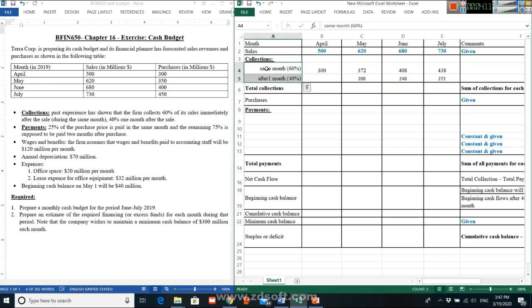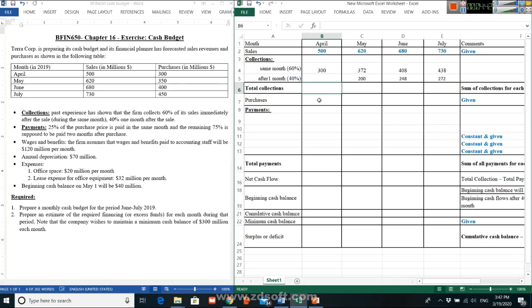These cases would vary regarding the exercise. Sometimes they say that 50% are collected during the same months, and 50% are collected after 1 month, and so on. This depends on the situation and the exercise. So here we have in this row the total collection. So the total collection during every month is the summation of the collections.